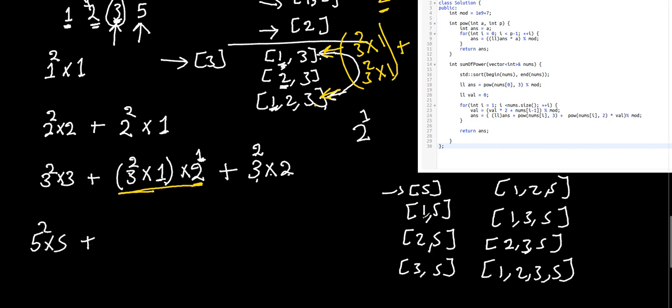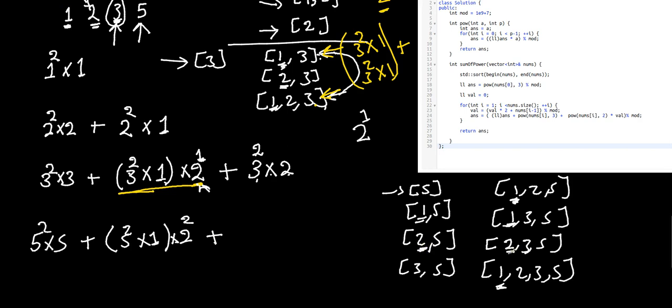Now how many groups have the minimum 1? We have 1, 2, 3, 4, so we will do the same as we did here. We have 4 groups. 4 is 2 to the power 2, so we have 4, and inside it it's 5 square, the maximum, multiplied by 1, plus how many groups have the minimum 2?